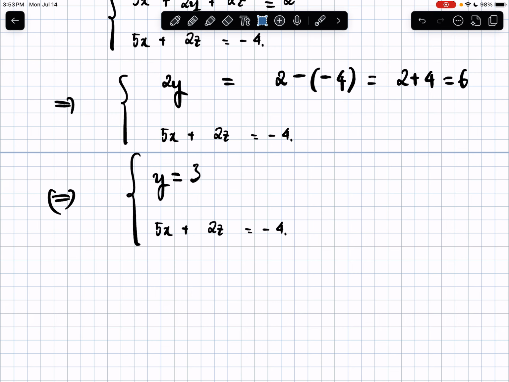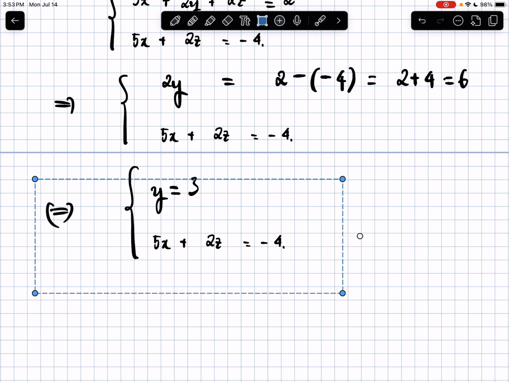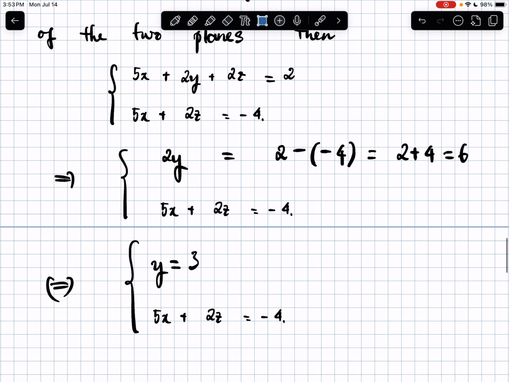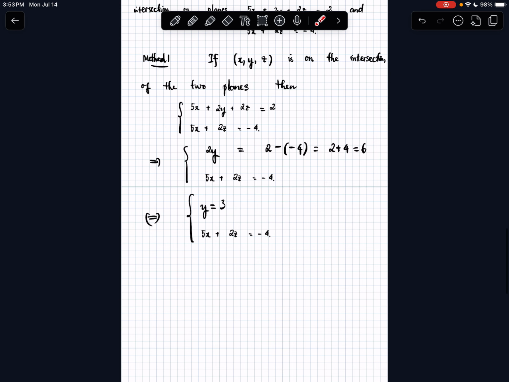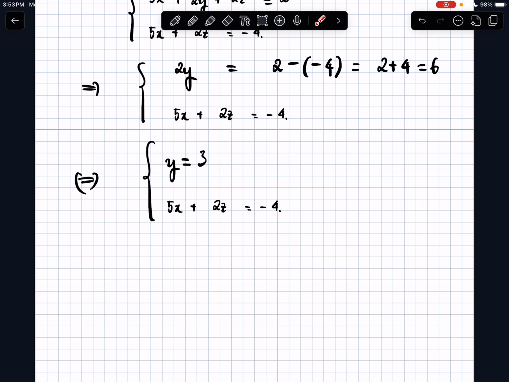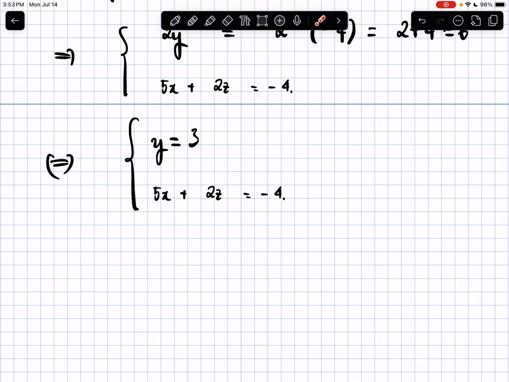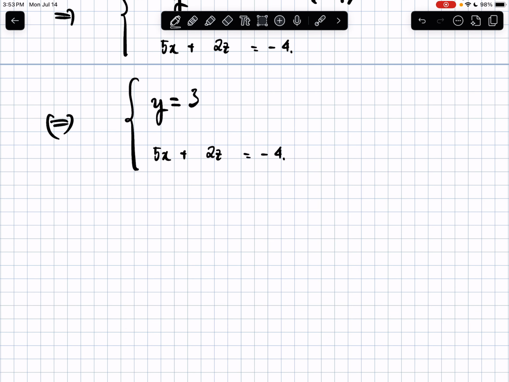So if x, y, z is a point on the intersection of the two planes, then x, y, z must satisfy these two equations. This gives us, let's say this equation 2, is equivalent to 5x equal to minus 2z minus 4.